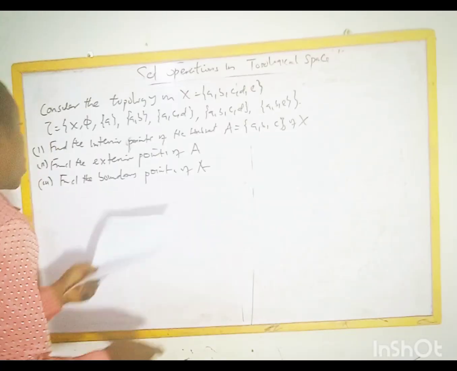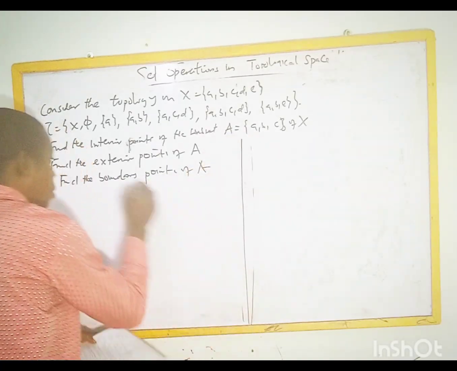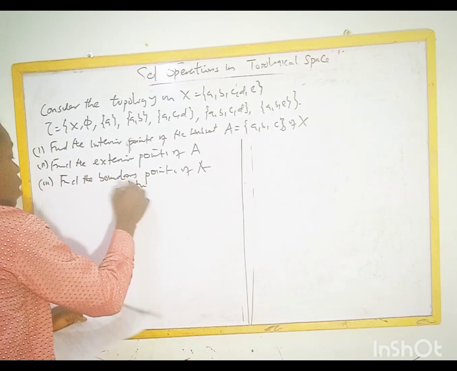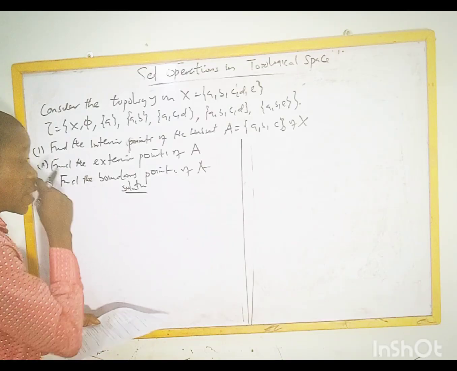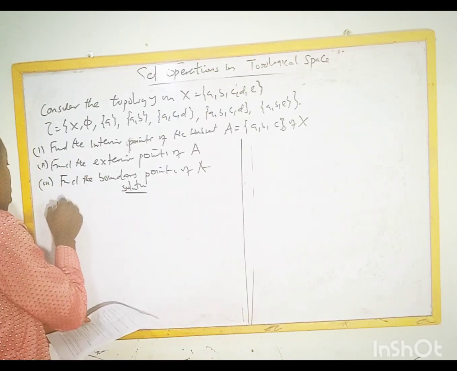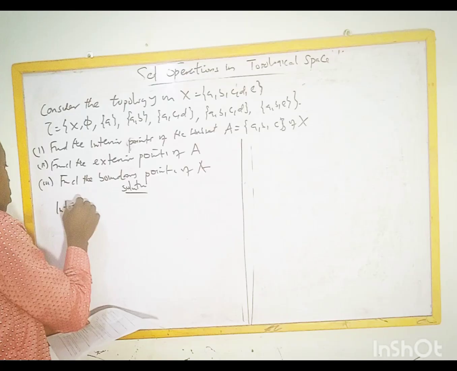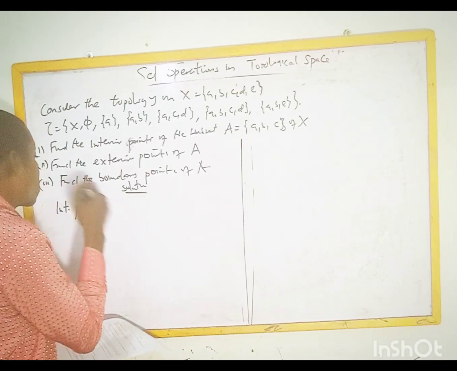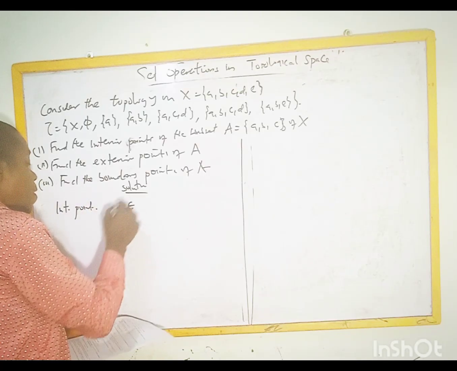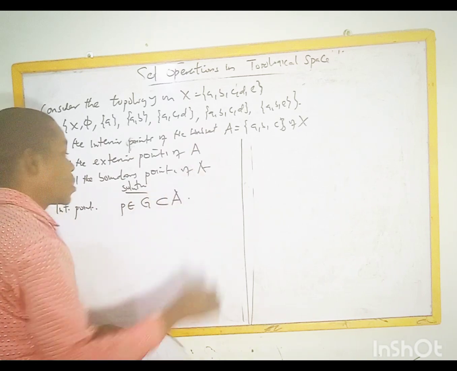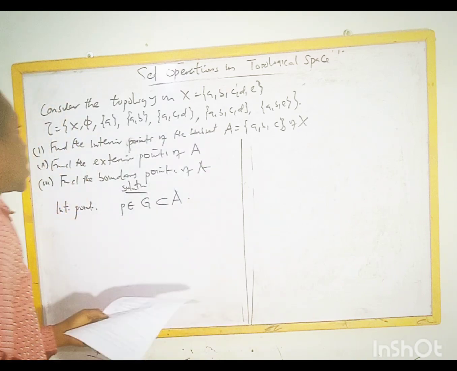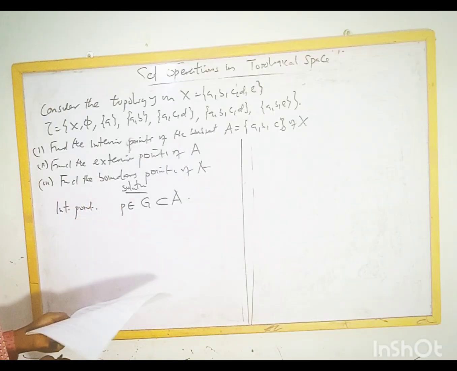So what will be the interior point? Solution. We are doing a topology again. To obtain the interior point, we are going to have something like a P in G, which is a subset of that subset A. So when you look at it, is A an interior point of the subset A?